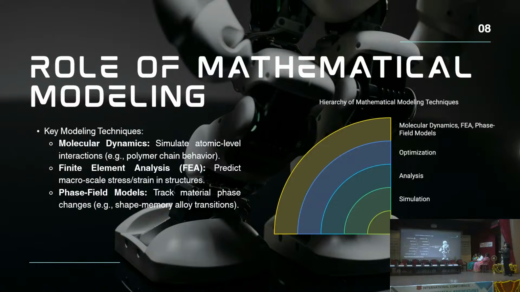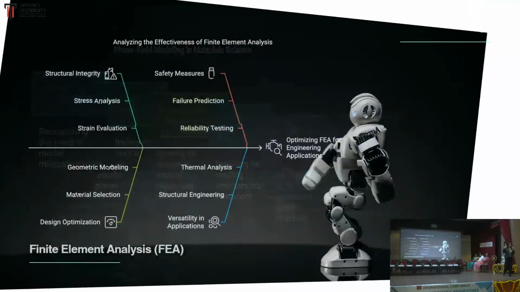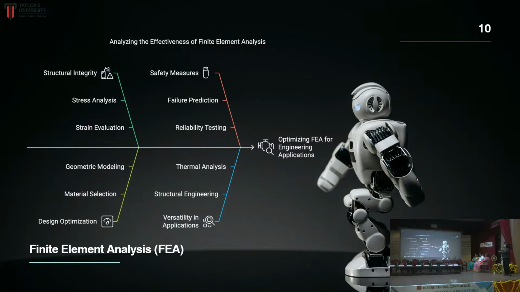And also, if there is any failure which would be involved in the experimentation that we conduct later on. Reliability testing also can be done, whether the tests we are conducting are reliable, should we proceed with it or not. Then thermal analysis can be done through this. Structural engineering also is applicable to it. And versatility in applications. Now, this is used for optimizing FEA for engineering applications. So any kind of engineering application we can optimize by using all these processes.